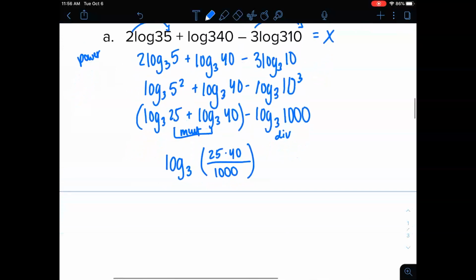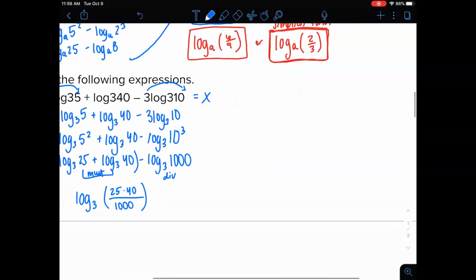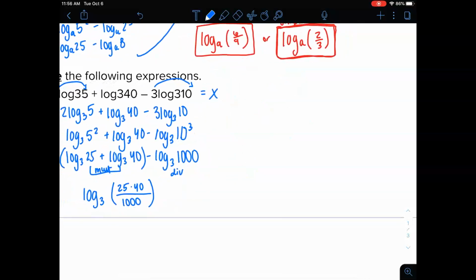I've got some room over here, so I'll go over here. So this then turns into, if I do the multiplication and division in my calculator, log base 3 of 1,000 over 1,000, or log base 3 of 1.